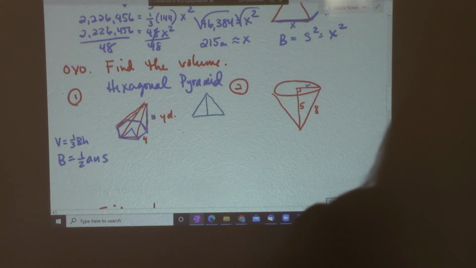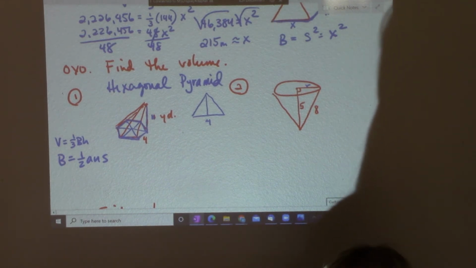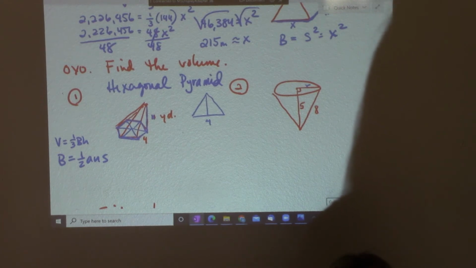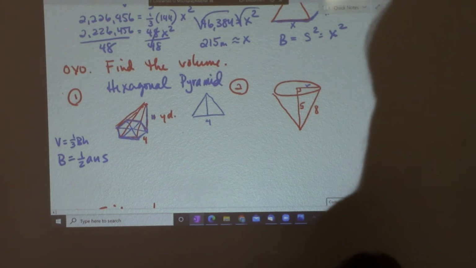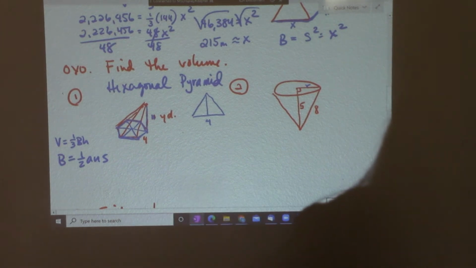And this length here is 4, okay? Now I divided up into 6 triangles, so I only have one length. So what do I do when I only have one length? Do you remember? I use the angle measure. So what I need is this angle right here.